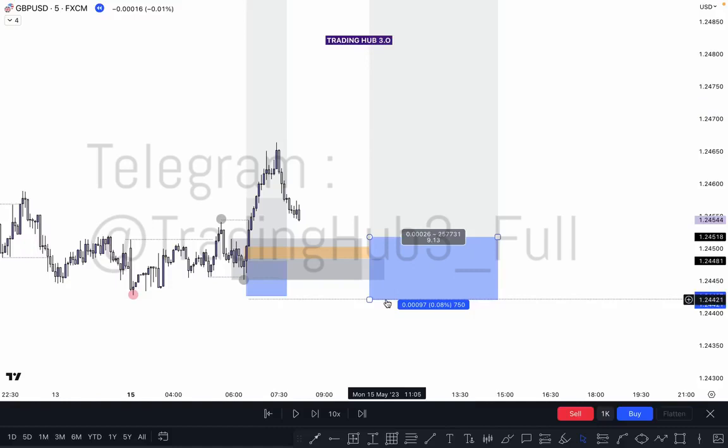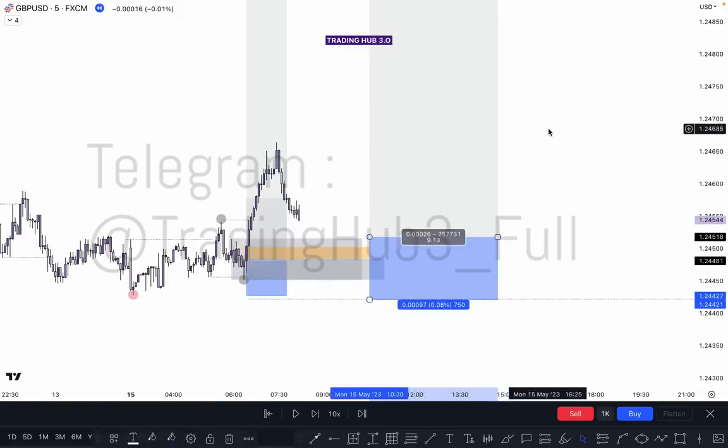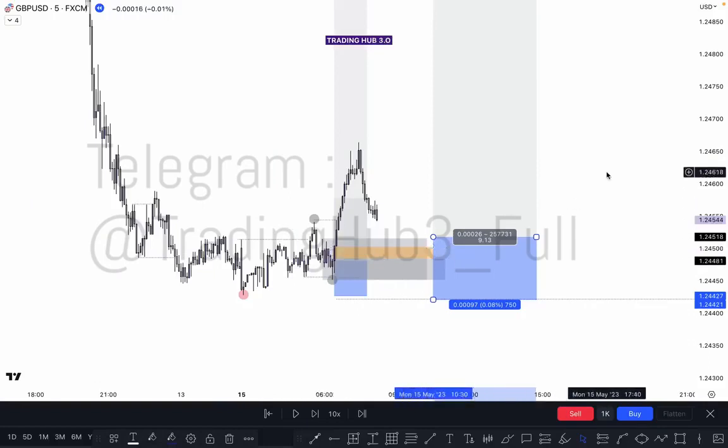But when you lose, you will lose a similar amount as per this one. In both scenarios, you will make more RR in the first trade, and in this one you will make a small RR, but the main thing is you have to win, right? So this one you can also trade. Otherwise, if you don't like to trade based on order flow, you don't have to, okay? It's up to you, right? This is not suitable for everyone.